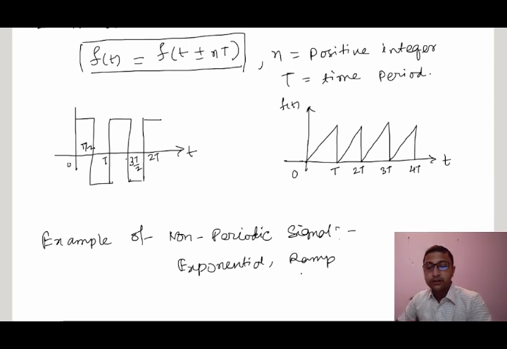I will go into the details of the exponential signal and ramp signal later. So these are the common examples of non-periodic signals, the exponential signal or ramp signal, and examples of periodic signals are the square signal and triangle signal. So this is the periodic and non-periodic signal concept, right?